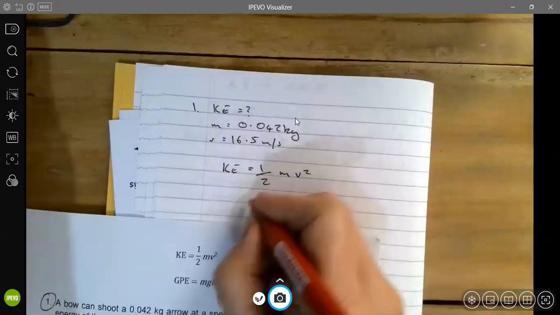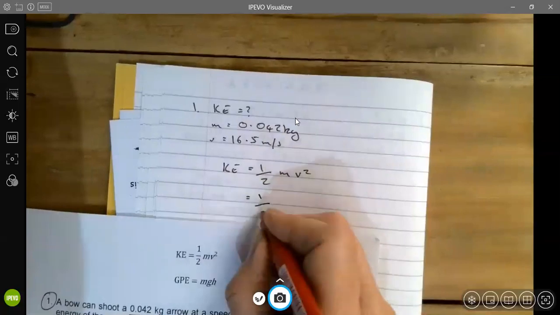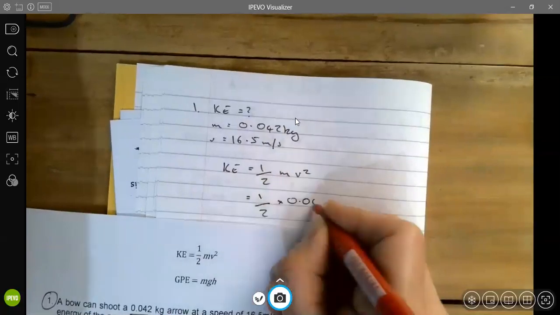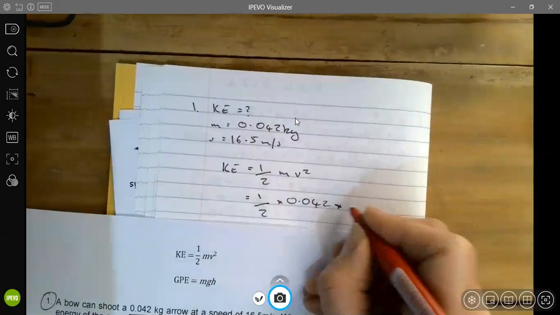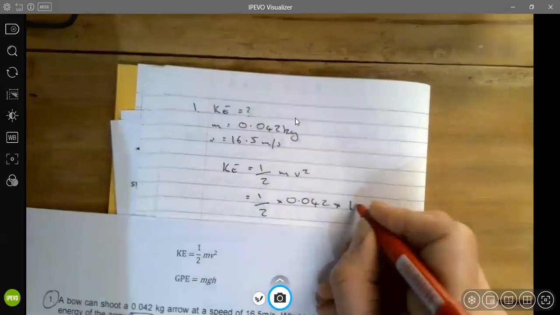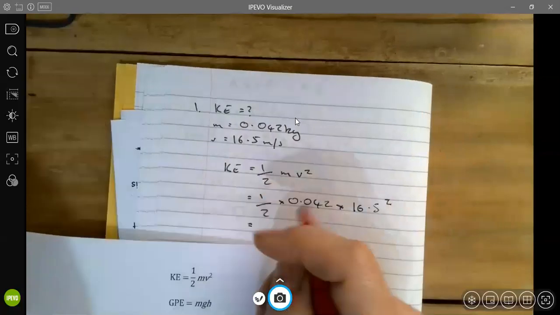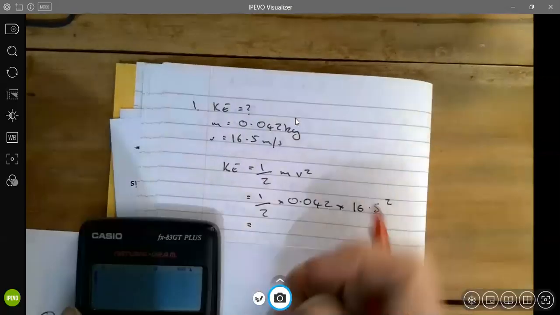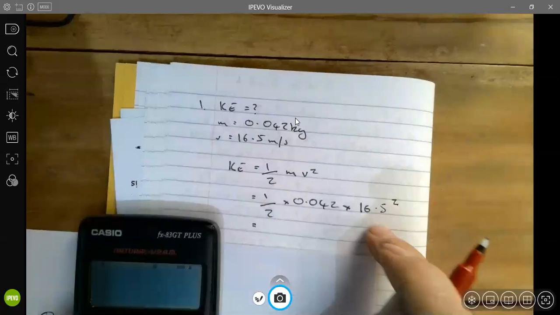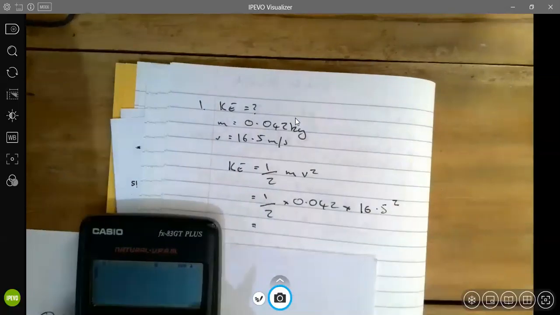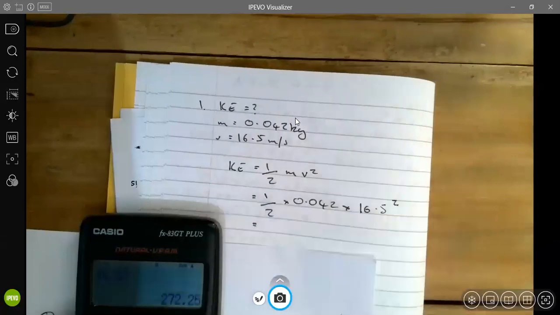Insert my numbers, so it's half times 0.042 times 16.5 squared. I'll advise that you do the square first. 16.5 squared is equal to 272.25.